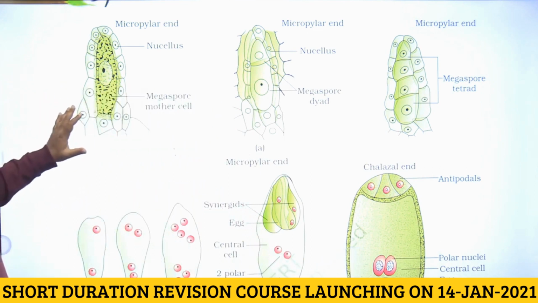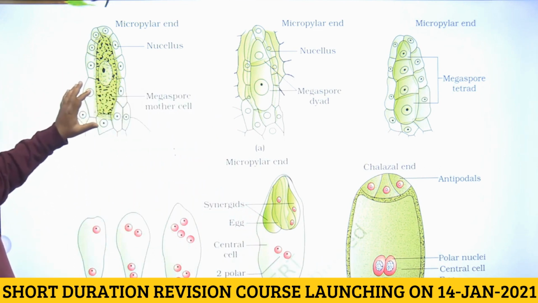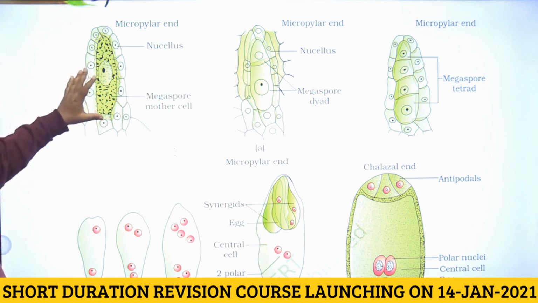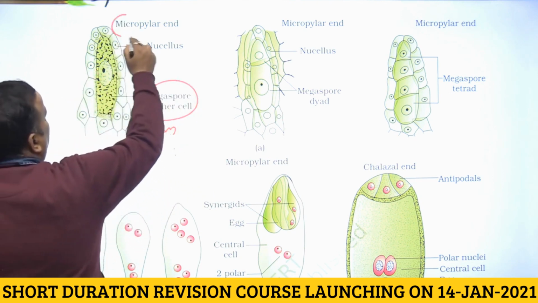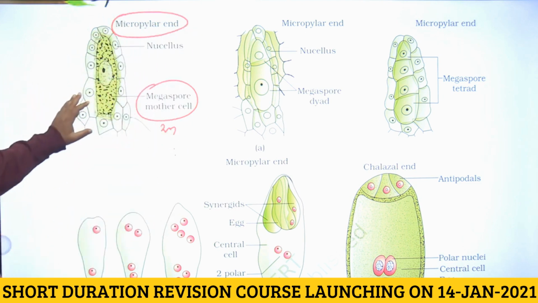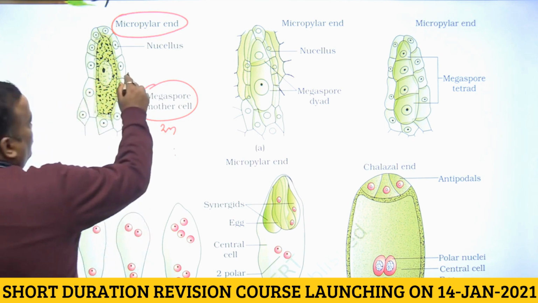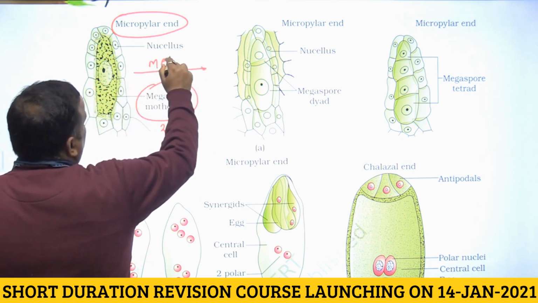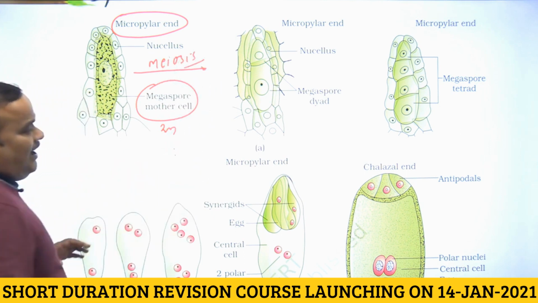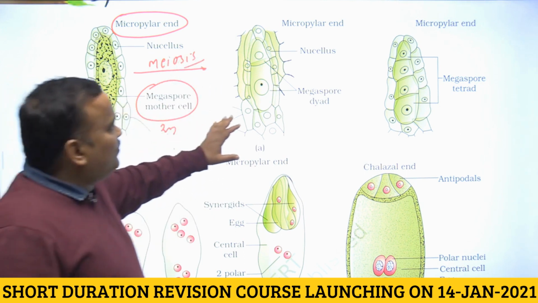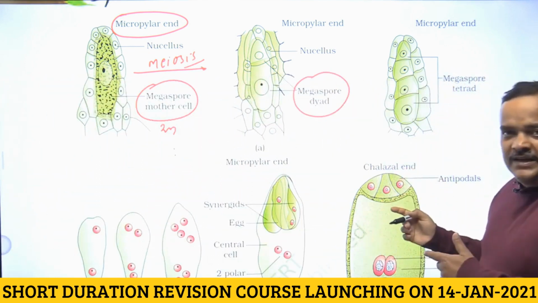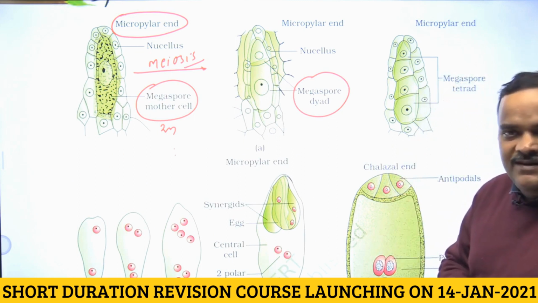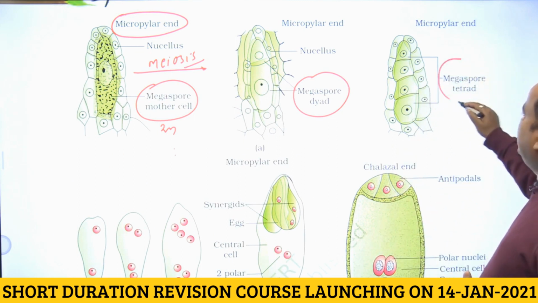A cell of the nucellus, which is located towards the micropylar end, becomes large in size, densely cytoplasmic with a large nucleus, and it acts as the megaspore mother cell. Always remember, it is towards the micropylar end. Now this will undergo meiosis. First meiosis 1 will take place, and as a result a megaspore dyad is produced. Then meiosis 2 will take place, as you have studied in cell cycle and cell division, and as a result a megaspore tetrad is produced.